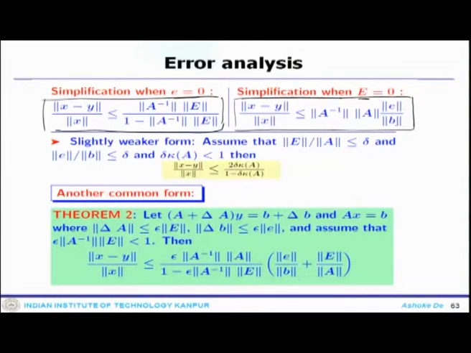Now, you can write this in a slightly weaker form, assuming that the norm of E by the norm of A is less than or equal to delta, and the norm of epsilon by the norm of B is less than or equal to delta. Then I can write the norm of x minus y divided by the norm of x as less than 2 delta times the condition number of A, divided by 1 minus delta times the condition number of A. So, it can also be written in another form which leads to the second theorem.